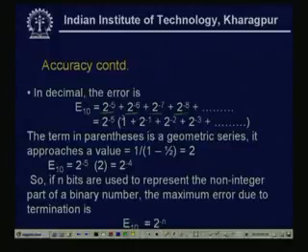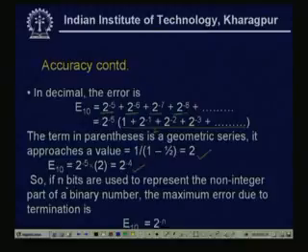The term within the parenthesis is a geometric series, and it approaches a value equal to 1 divided by 1 minus 1 by 2, which is nothing but 2. So this value becomes 2, and the value of E10 is 2 to the power minus 5 multiplied by 2, which is 2 to the power minus 4.